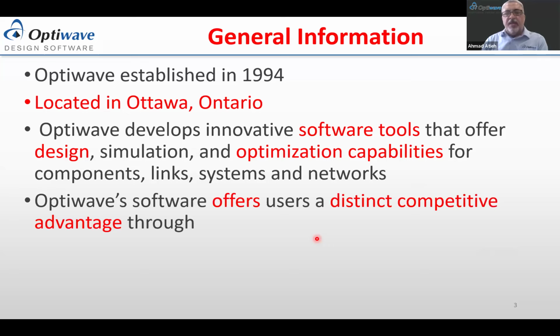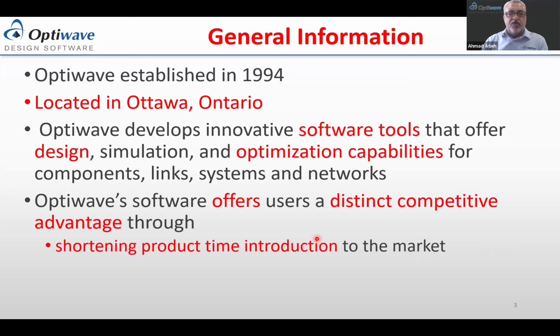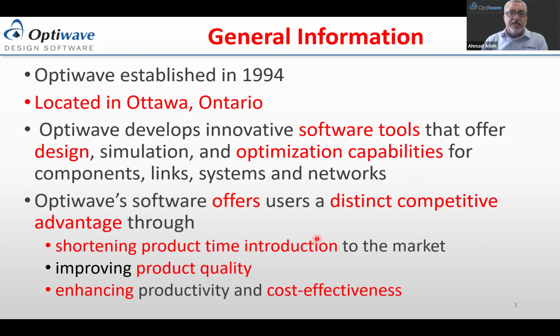The software enables you to shorten the product introduction time into the market, improve the quality of your product, and be cost-effective by using simulation before making your product. And this webinar is actually an example of the advantage you could get from doing simulations ahead of manufacturing your product.